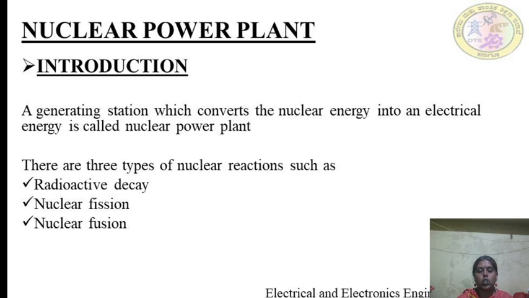Usually the nuclear fuel holds a huge amount of energy which can be used for generating electricity, that is, the heat generated in the nuclear reactor will be utilized for generating electricity. So as an introduction, a generating station which converts nuclear energy into electrical energy is called a nuclear power plant.